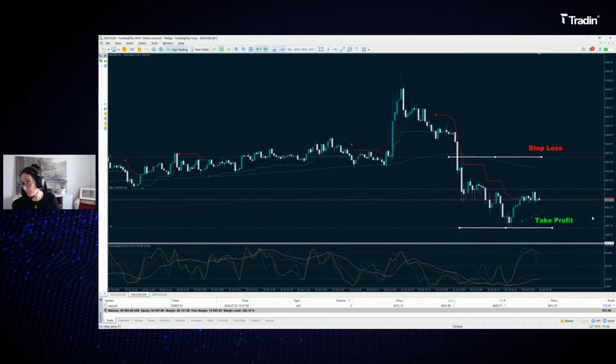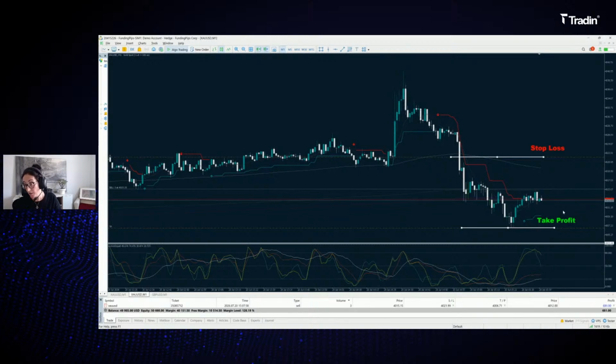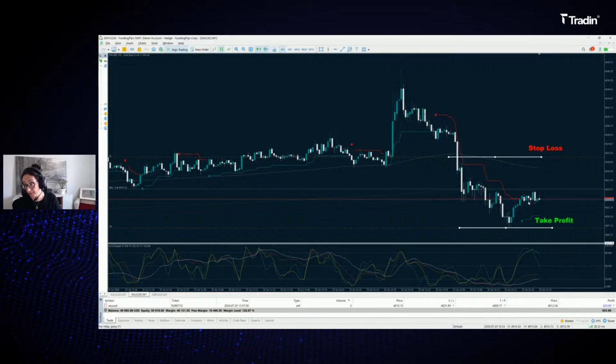In order for me to be in the safe zone, price should revert from here. If it goes above my entry point, I think I'll be in trouble.